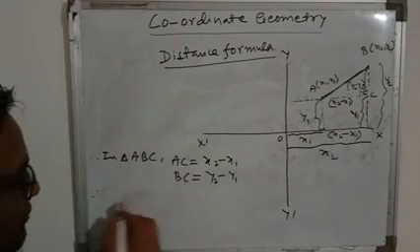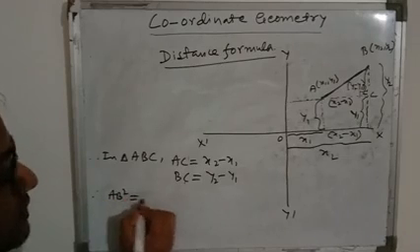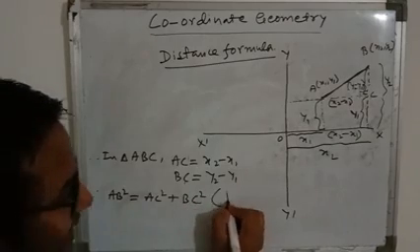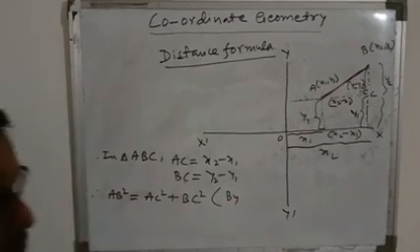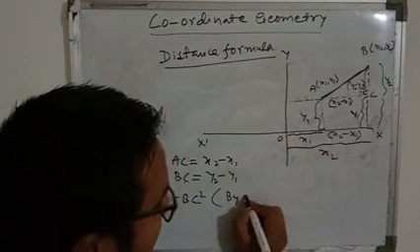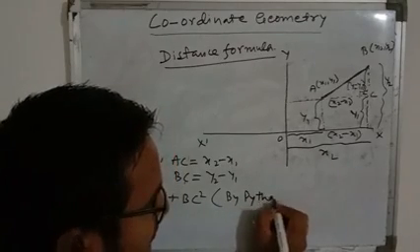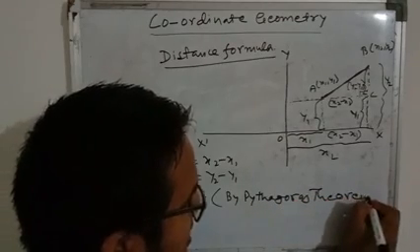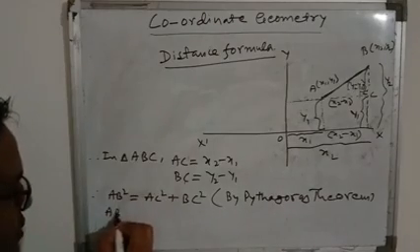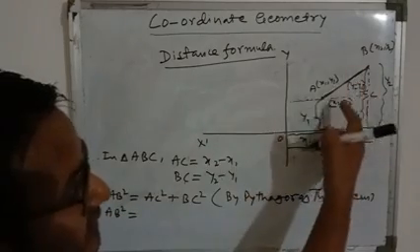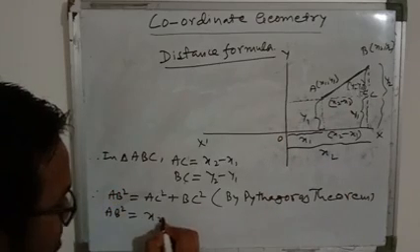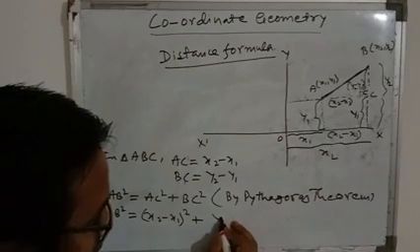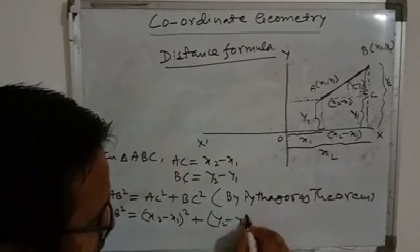According to the figure, AB square equals AC square plus BC square, by the Pythagoras theorem. Now you see, AB square equals AC, meaning x2 minus x1 whole square, plus BC, meaning y2 minus y1 whole square.